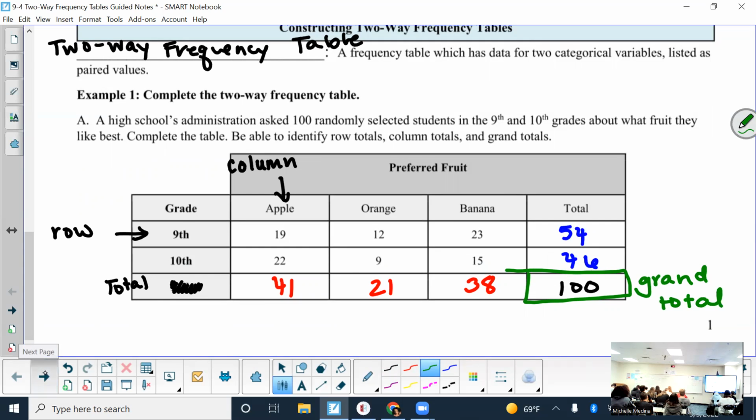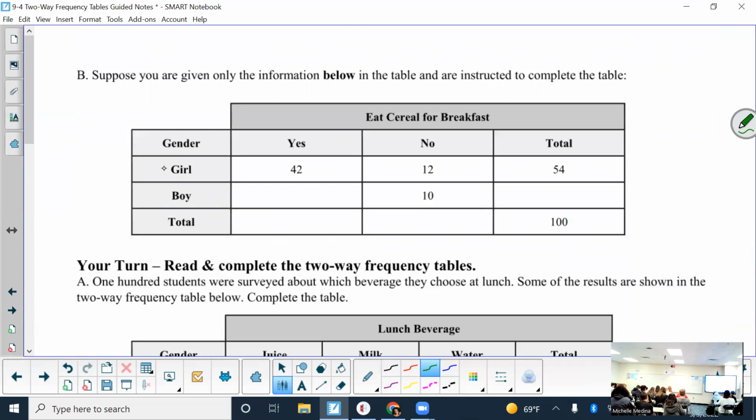All right, so let's go to the back side. That one was pretty easy. Now let's look at where it's filled in different spots. So where should I start? What would be something that's easy to fill? For this column, what's the total of people that said no?